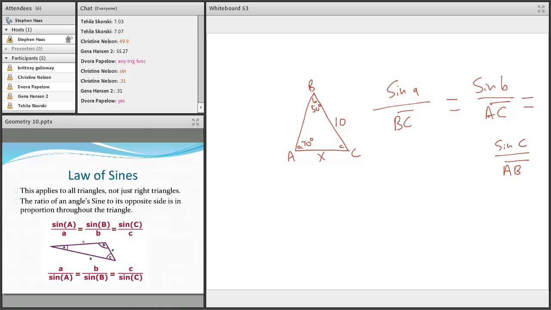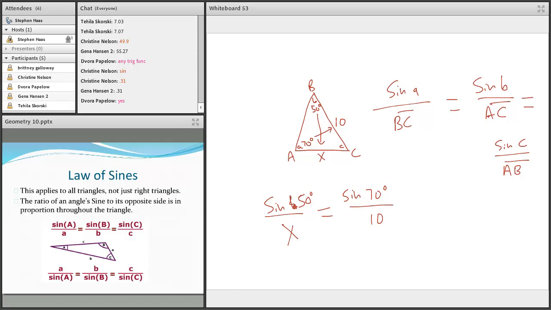We could say the sine of B is to x, because we don't know what x is, and B of course is 50 degrees, is equivalent to the sine of 70 degrees to 10, because that's this angle and this side. In other words, the function works appropriately. And of course, then you would just go ahead and figure out what the sines of each side are.